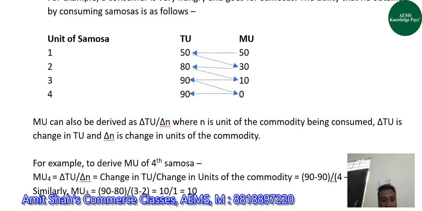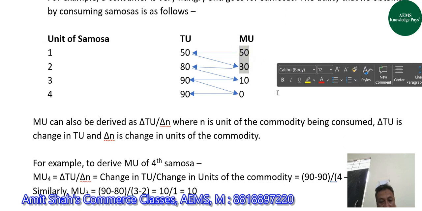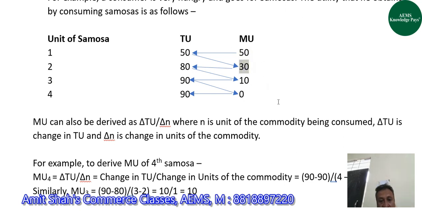That we have seen here also, guys, in this schedule. In the process of continuous consumption of samosa, that is one after another, each successive unit gives lesser satisfaction than the earlier one. So samosa 2 is giving him marginal utility, that is satisfaction, of 30 utiles, whereas samosa 1 gave 50 utiles.